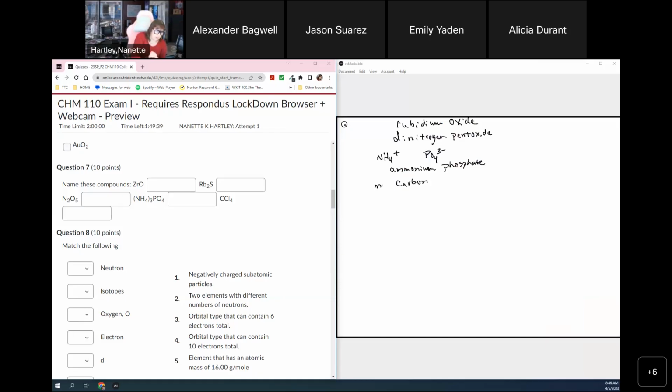I can put it. So I could put monocarbon, and then tetra is 4. Tetrachloride. Or I can just do that as carbon tetrachloride. So again, because it's a non-metal, I need those prefixes out in front. Questions about that?